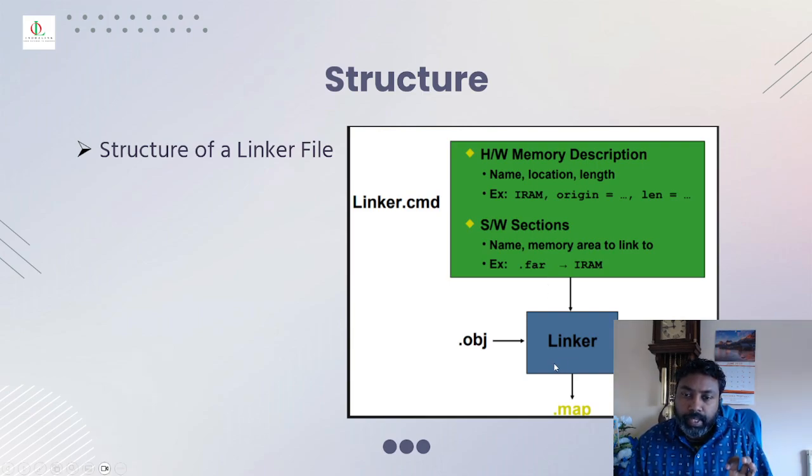So the linker, as we learned, gets the object files, maps them with addresses, and comes out as a final executable output. That's the linker's job. I'll show you in an example so you will get a better understanding.